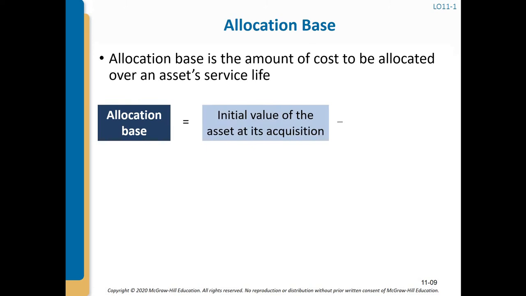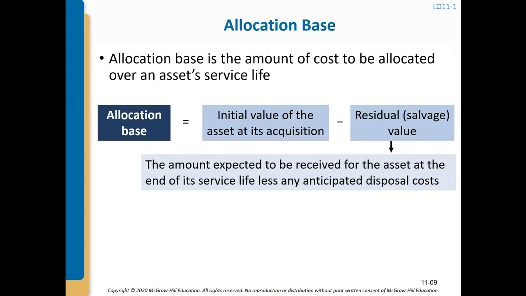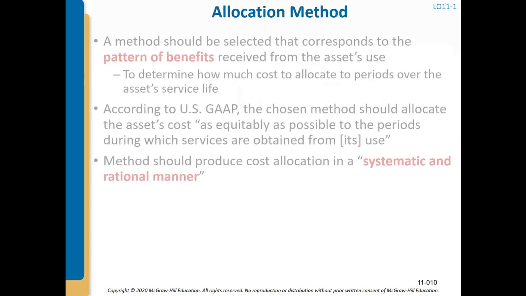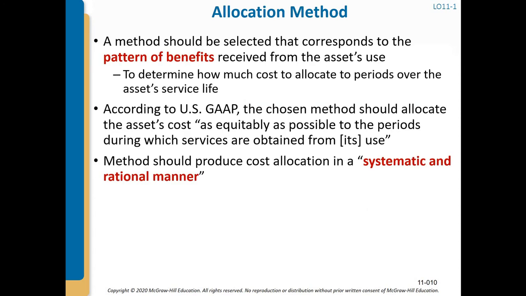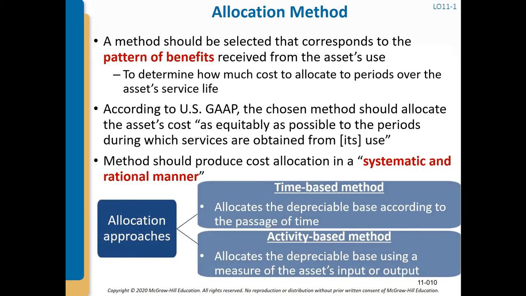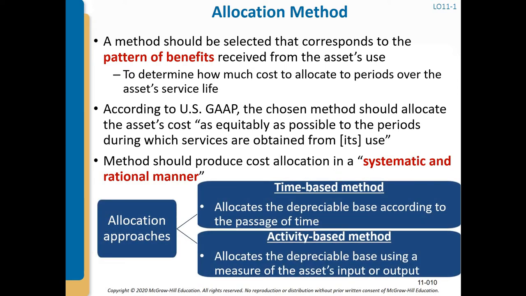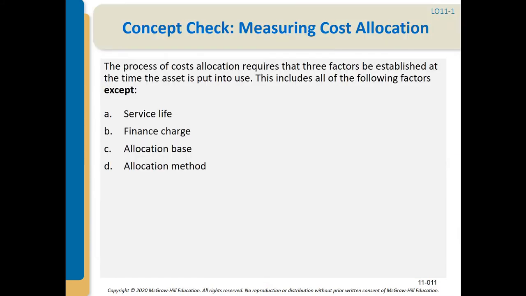We need to calculate the allocation base of an asset. The allocation base is the initial cost, and we subtract the residual value, the salvage value, of the asset. As for the allocation method, there are different methods to allocate: the time-based method and the activity-based method.